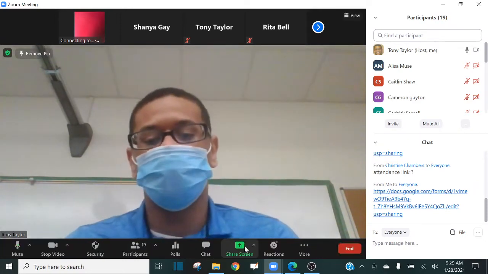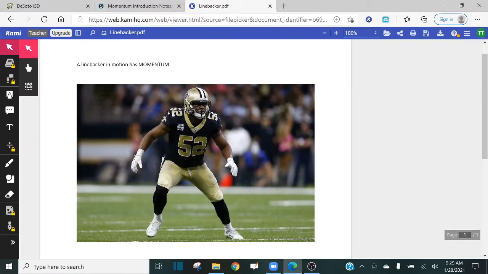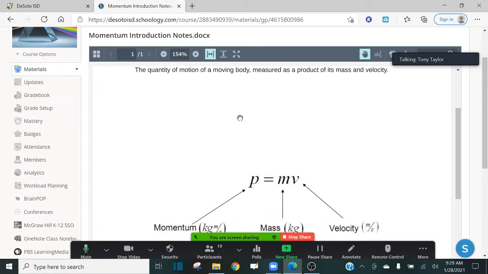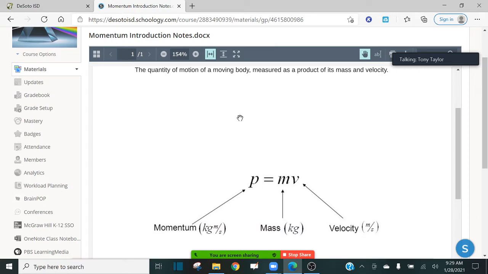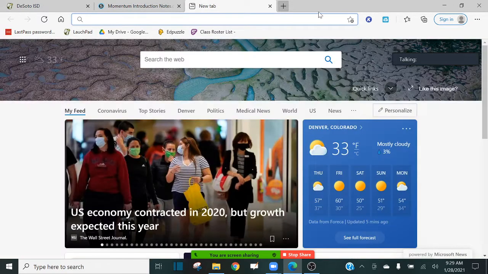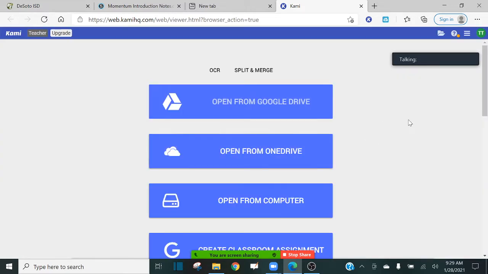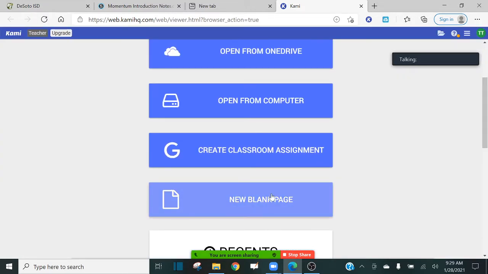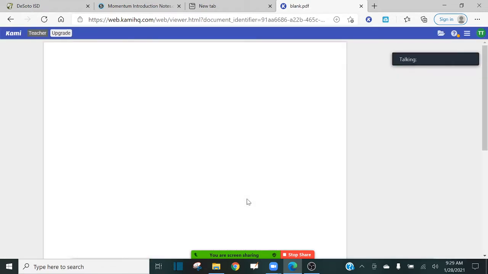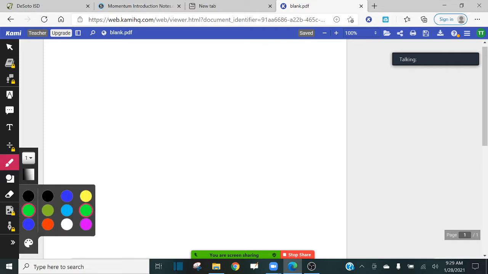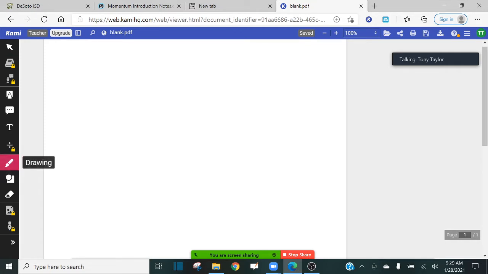Okay, so let me go ahead and share my screen again. So that was the equation for momentum. Today, I am going to introduce you guys another equation, and that is the equation for impulse.